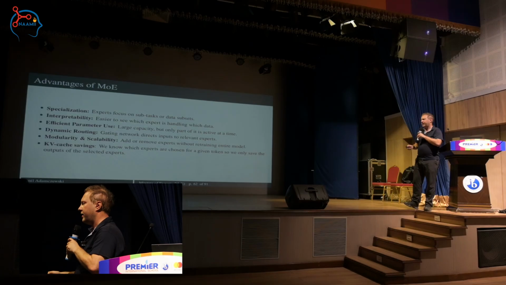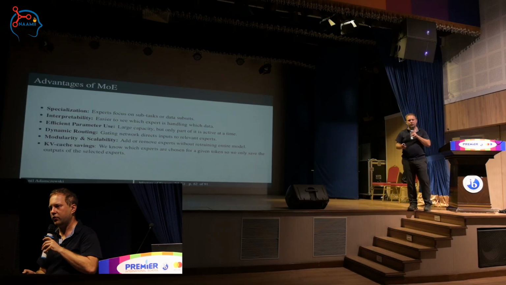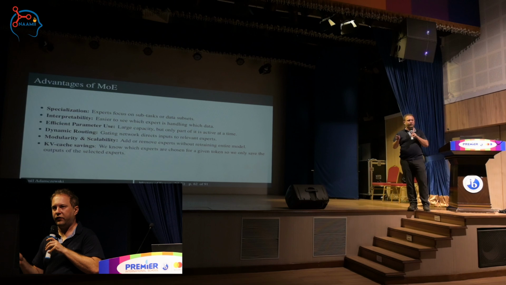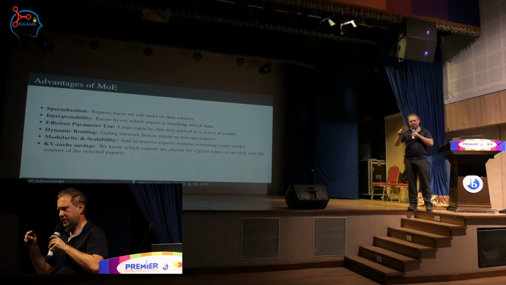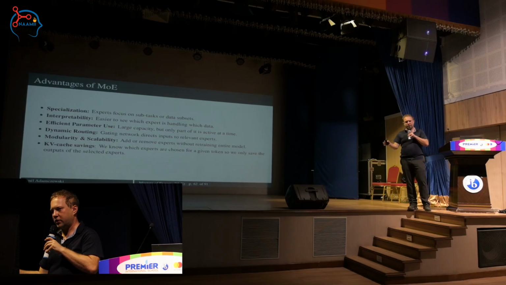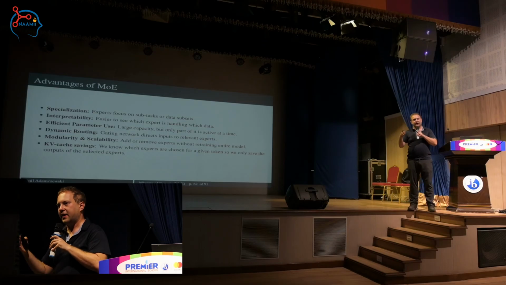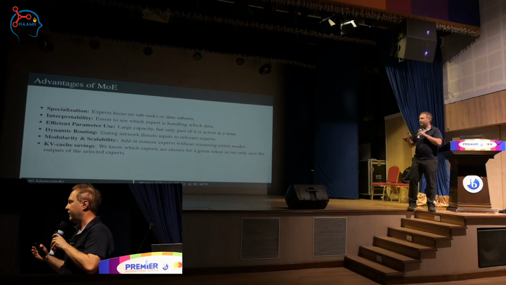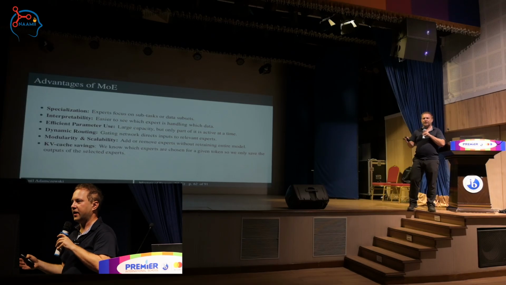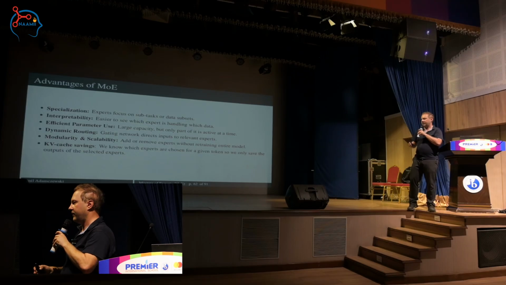There's something called KV cache savings. I'm not going to go into details, but if you are familiar with the KV cache, as it was talked about yesterday, in a transformer we have keys, queries, and values, and those are computed basically. They could be computed at every iteration, but for computational savings, keys and values are actually cached, and that's why it's called KV cache.